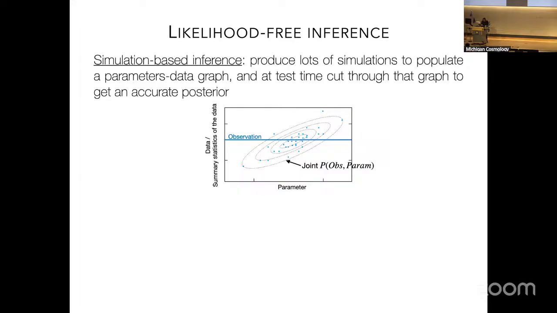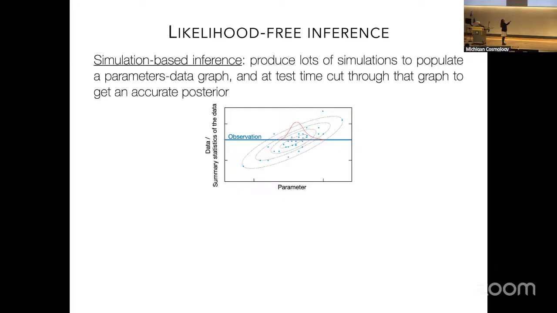So now in practice, the way that it's done is that instead of learning the joint, we want to learn a conditional model. It's going to learn the whole distribution, but it's going to be conditioned on observation, because that's what I want to know. I want to know my posterior conditioned on the data that I got.